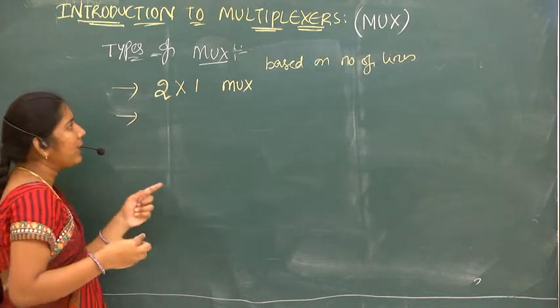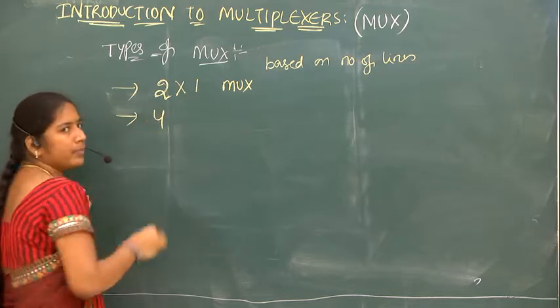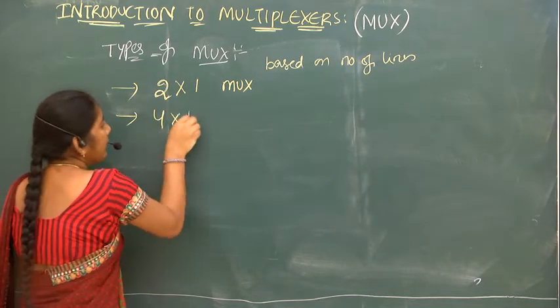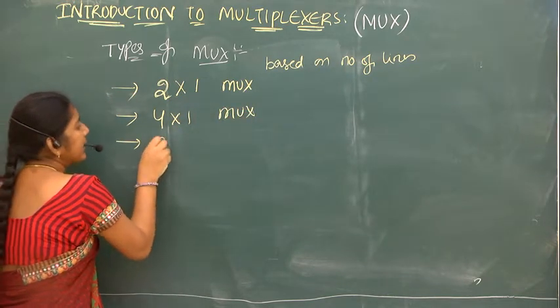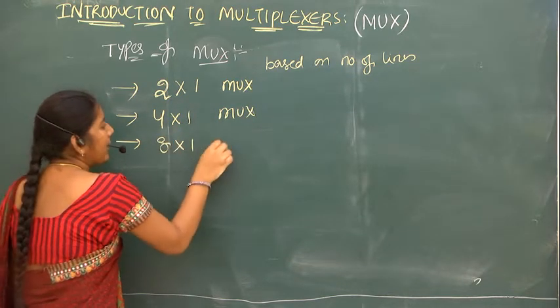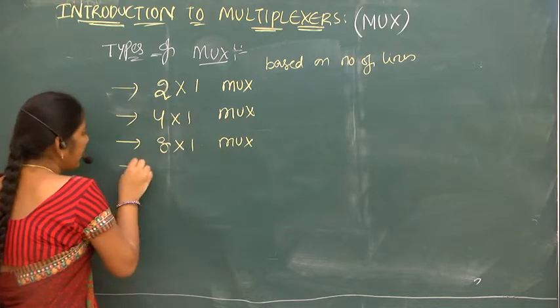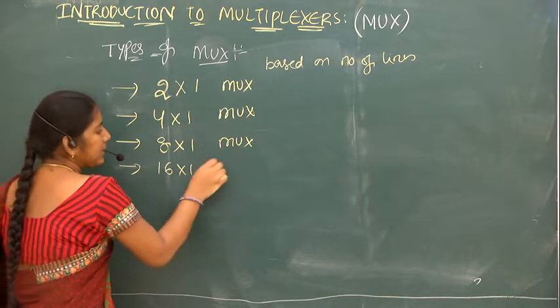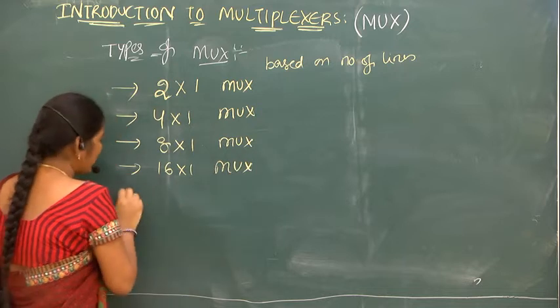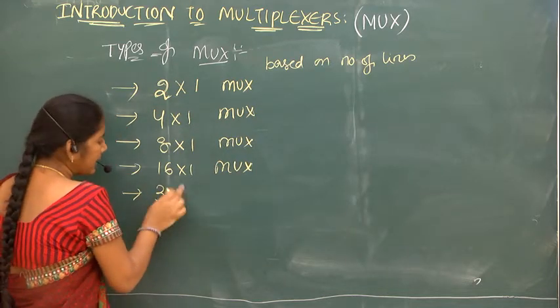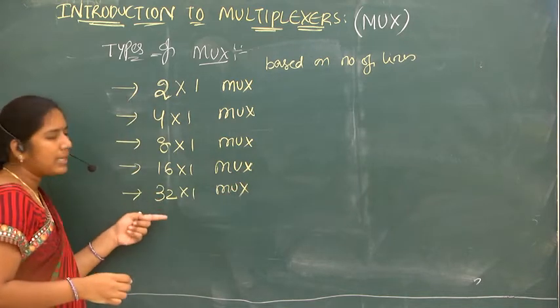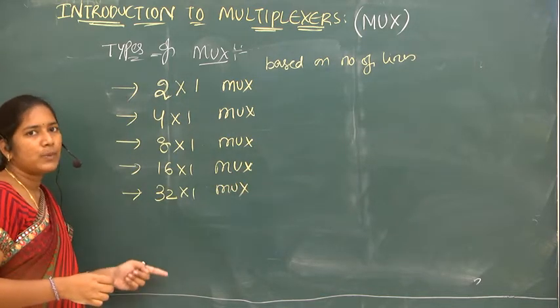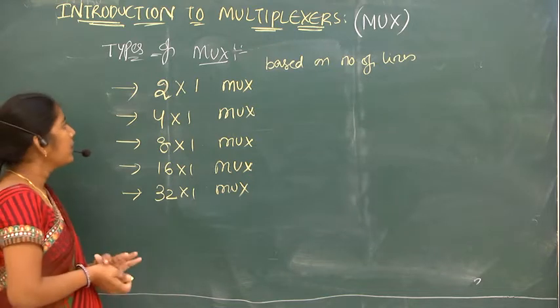If the input lines are 4, then the type will be 4 cross 1 mux. If the input lines are 8, then it will be 8 cross 1 mux. If the input lines are 16, then 16 cross 1 mux. If 32, then 32 cross 1 mux. Similarly, if the input lines are 64, 128, 256, like that.